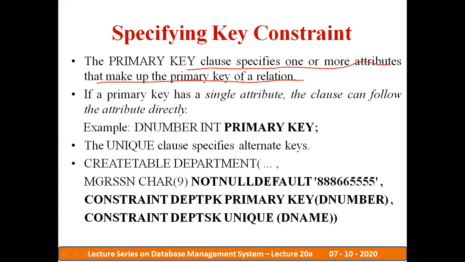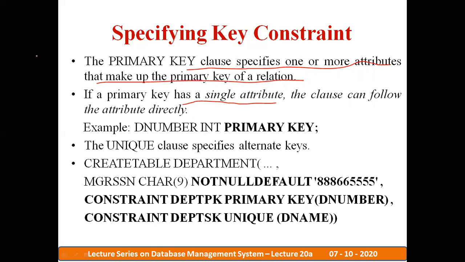Either it can be a single column or it can be a combination of attributes that becomes the primary key. If a primary key has a single attribute, the clause can follow the attribute name directly. Or if the primary key has a combination of more than one attribute, then you need to specify the primary key constraint at the last.